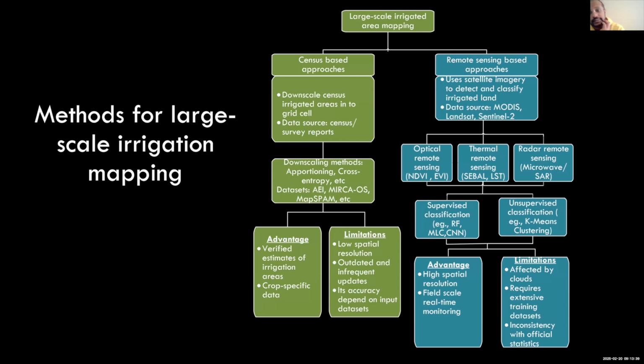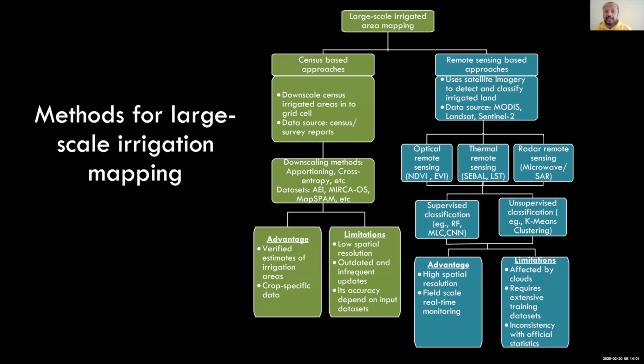What are the limitations? The main limitation is that most census-based approaches have a lower spatial resolution. Most of them are at 5 arcminutes, which varies according to latitude, but around the equator is like a 10 kilometer by 10 kilometer grid scale, which is very coarse.